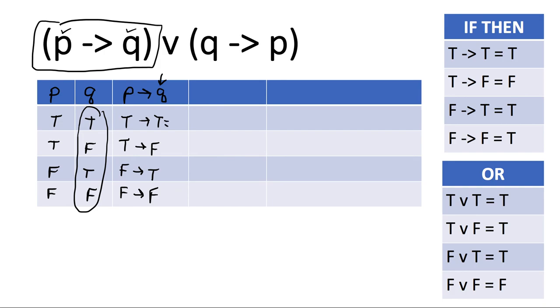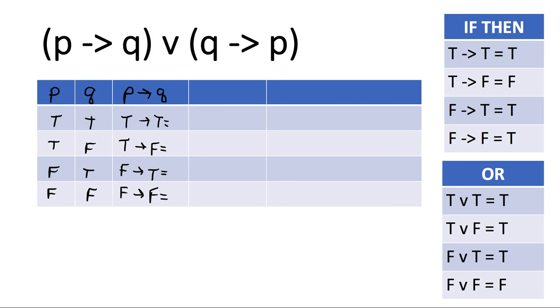Now, the next thing I need to do is determine the truth value for each of these four statements. And we're going to do that by looking at our if-then table, which I've got listed over here just for convenience, and we're going to write down the answers for these four statements. It appears that the four statements are in exactly the same order as what we have over here. Our first statement is if T, then T, and we know that that one is true.